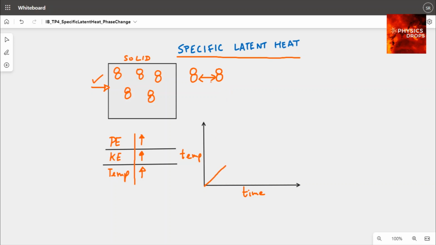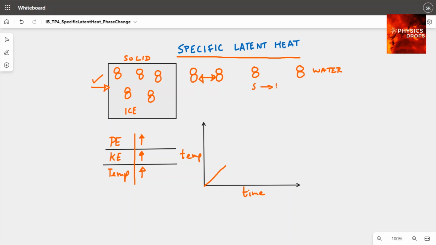And after some time, what happens? There is a point where, let's take this as ice, the molecules are so far away that ice becomes water. So there is a point when these two molecules that we are focusing on become so far away that it changes phase from solid to liquid.